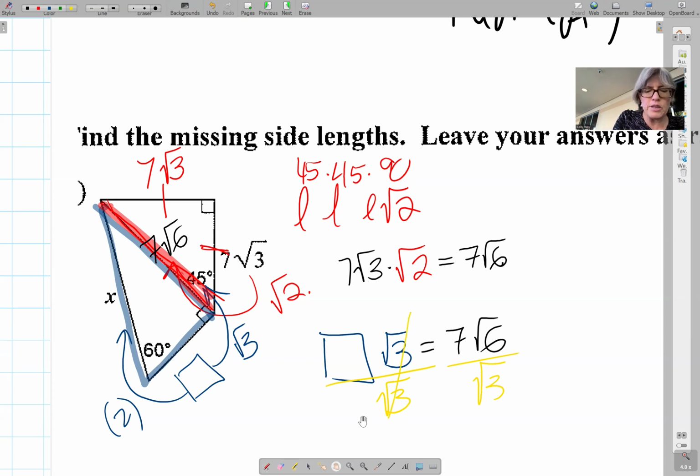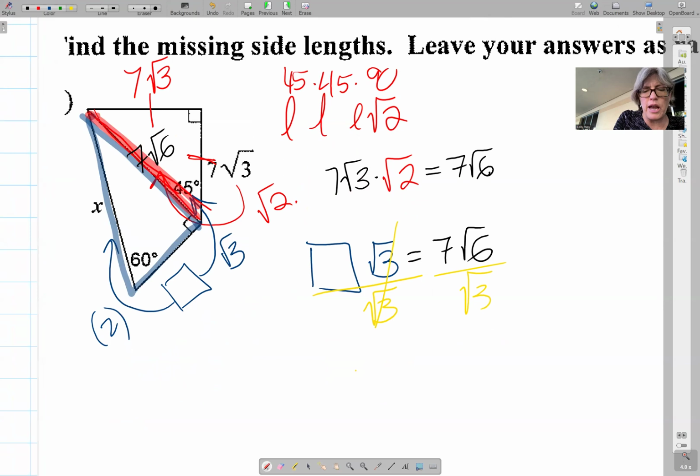Only innies talk to innies, outies talk to outies. So that something is going to be 7, and the 3 goes into the 6 twice. So that's going to be root 2. So our something here is root 2. You can take it from there.